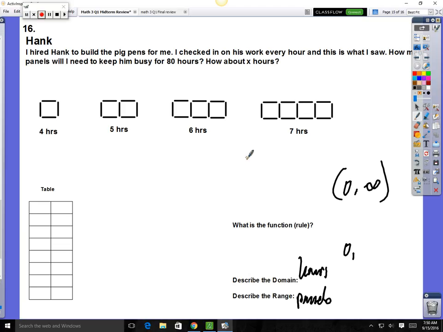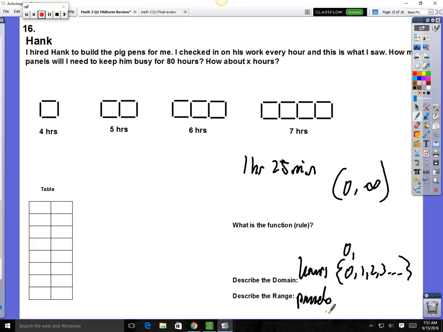And we don't have something for 1 hour 25 minutes. We don't know how many panels that is, so our domain's got to count by ones. So we got to go 0, 1, 2, 3, dot dot dot. We got to count by ones.